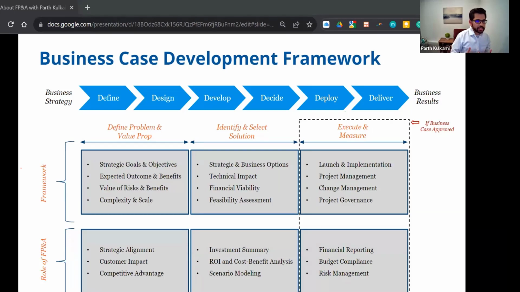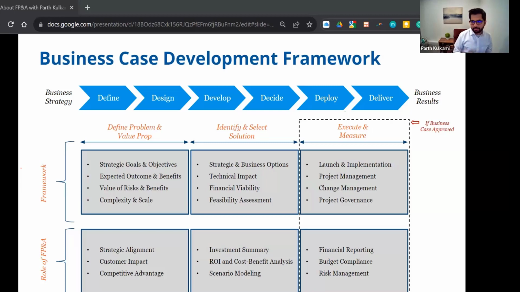It is to discuss the expected outcomes and benefits. It's to look at the risk that potentially exists out there, and the value of the benefits that we would see in return. And then also talking about the complexity and the scale of the initiative that we're trying to launch.